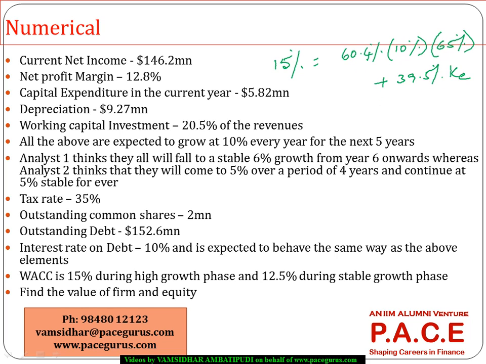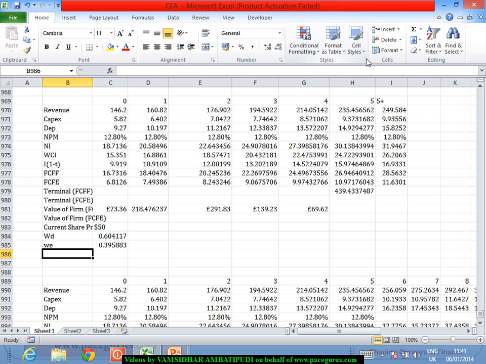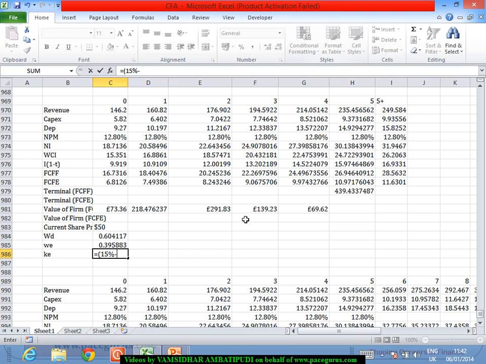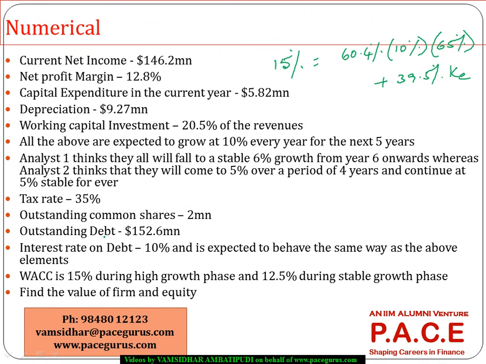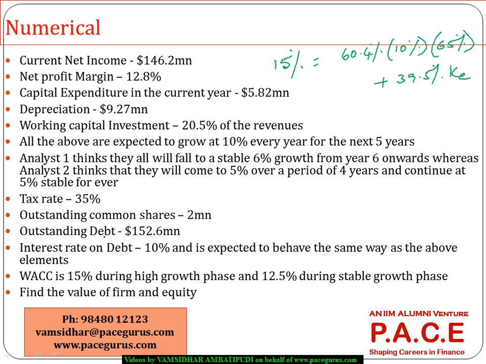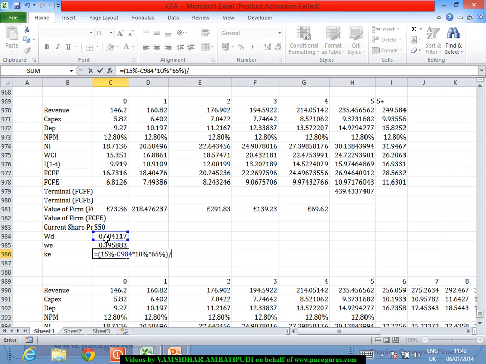So the cost of equity is 15% minus the weightage of debt multiplied by the interest rate 10%, multiplied by 1 minus tax rate 65%, and that divided by 39.5%, the weightage of equity. So the cost of equity in this case is almost 28%, right?